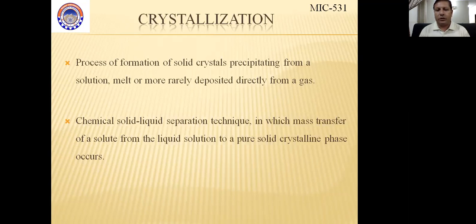It cannot be used for every fermentation product, only for products which can be converted into crystal form by some mechanism, chemical, process, or condition, so that the desired product becomes solid and the rest remains liquid. So this is also a good technique.